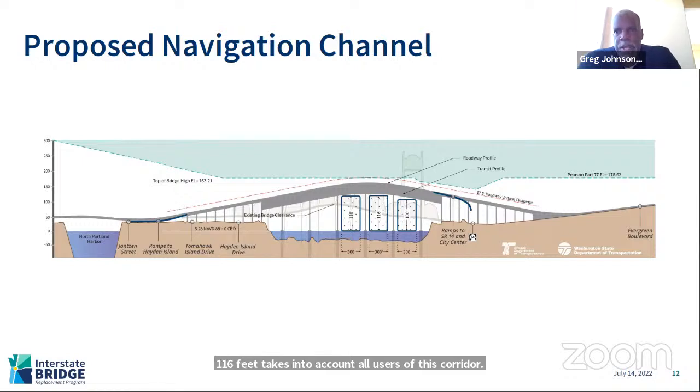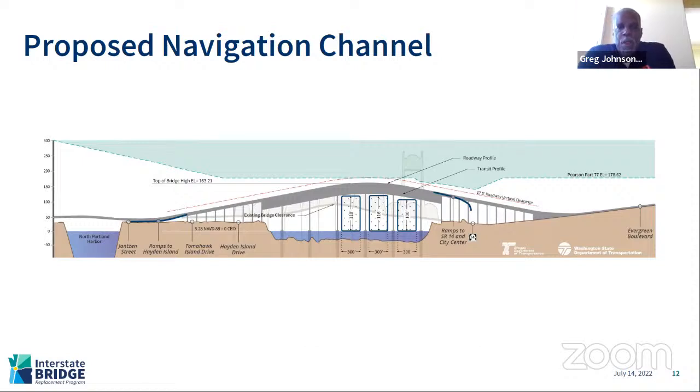The Coast Guard's charge is to look only at river traffic. They're not looking at bicycle traffic, walkers, potential light rail or trucks coming up the grade. They're looking specifically at how to best plan for future river traffic going through this corridor.